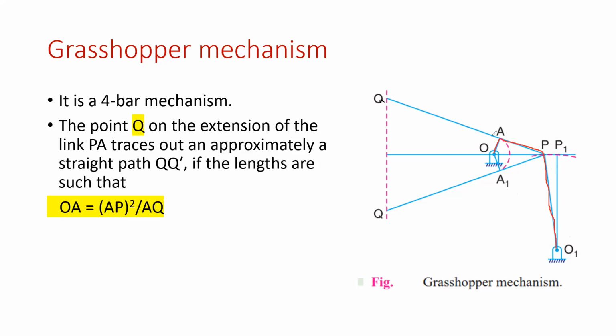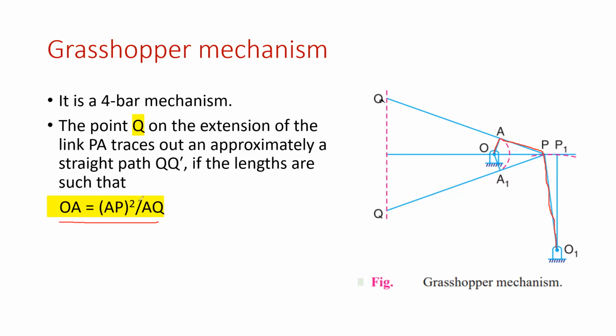Okay. Now how and which point on this mechanism will trace an approximately straight line? Okay, so you have to extend this link AP, this link AP, in such a way that you maintain this relation.